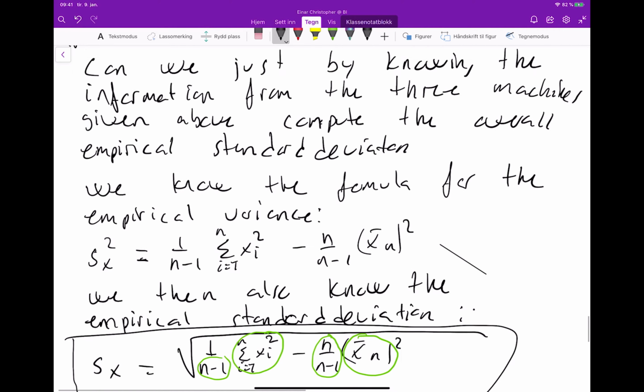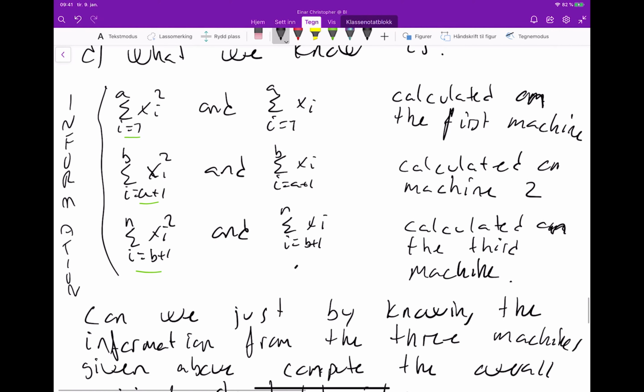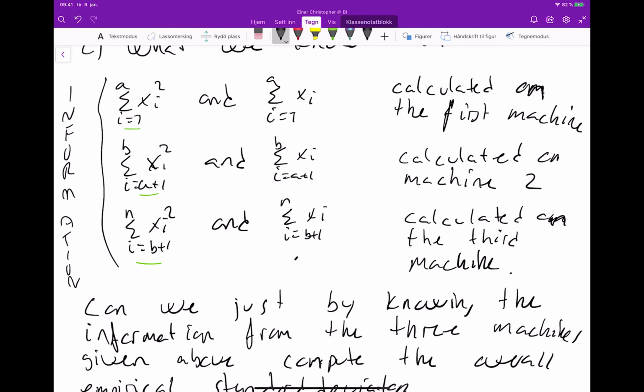We can compute it because we have the information of the sum over the first a x's and the sum from a plus 1 to b and the last sum from b plus 1 to n.